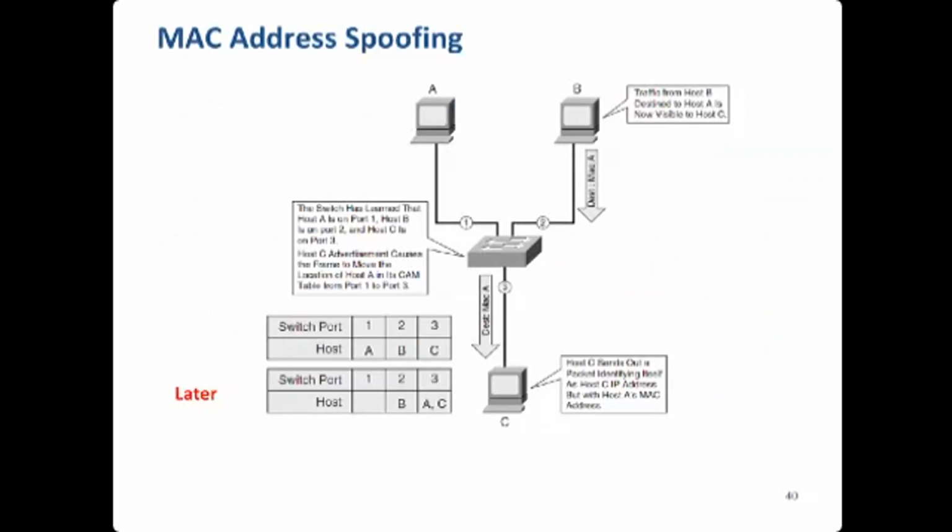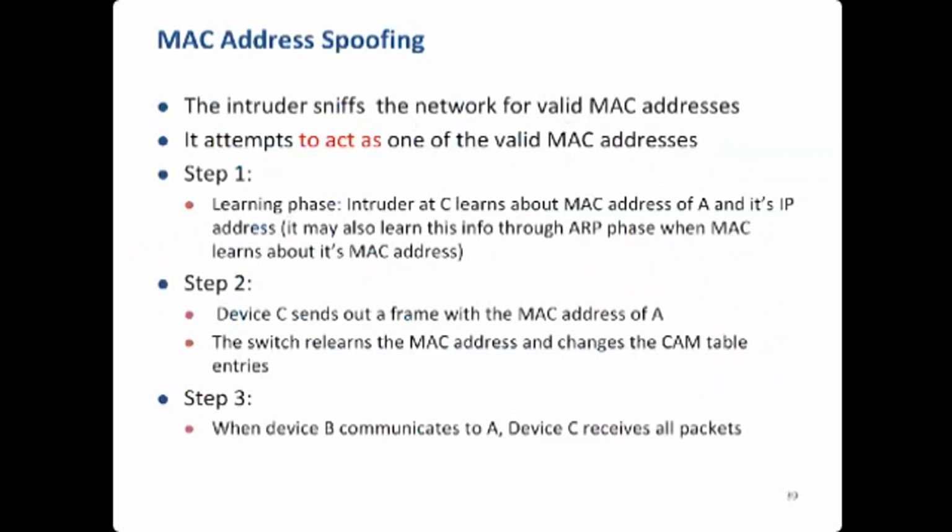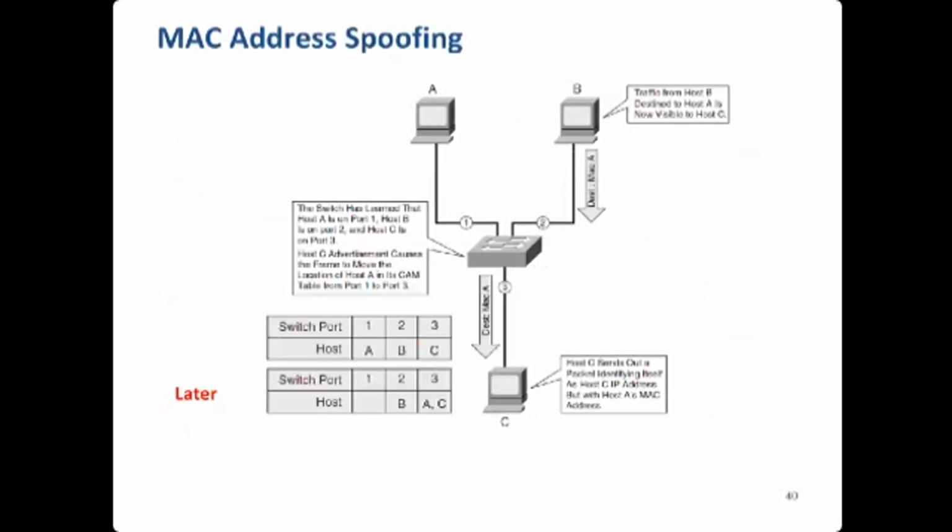Okay. So now it can also be used to do other things. For example, look at 3 machines A, B, and C. In the beginning, this is the table that this switch creates.